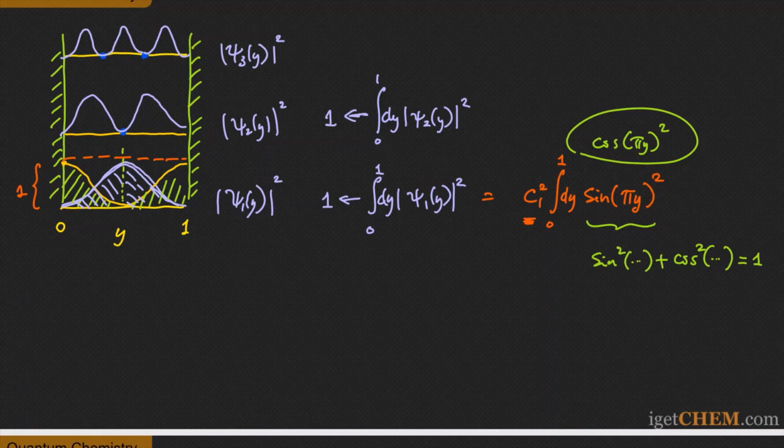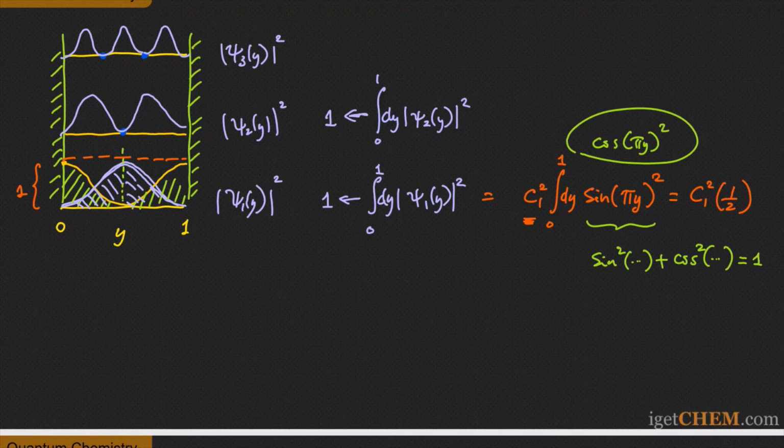And so the integral is just equal to 1. But that is equal to the integral of sine squared plus the integral of cosine squared. But the integral of sine squared and the integral of cosine squared are the same because the areas are the same. So the sine squared integral would be necessarily just 1/2 of 1. So even though you can look up this integral, you can easily do this by understanding that whichever you get is just 1/2.